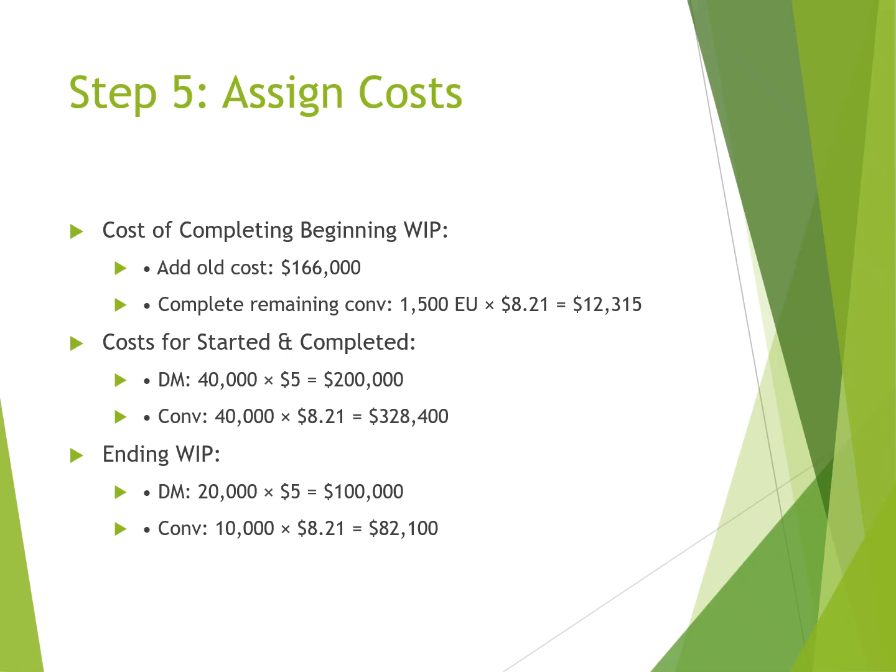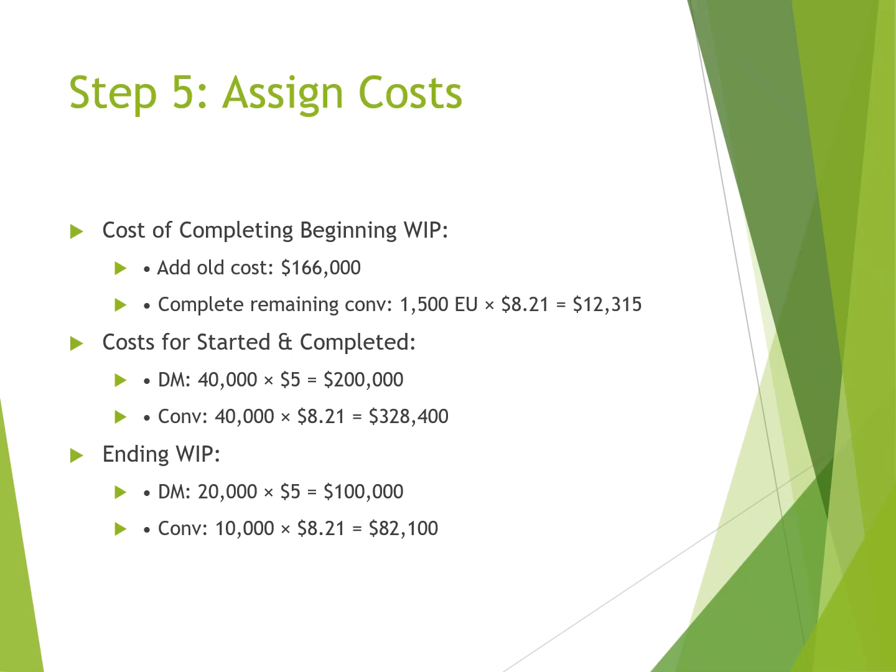Materials cost 40,000 units times $5, which is 200,000. Conversion costs 40,000 units times $8.21, or 328,400. Finally, ending working process.